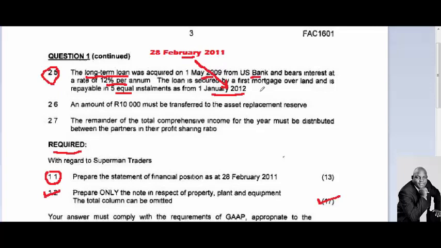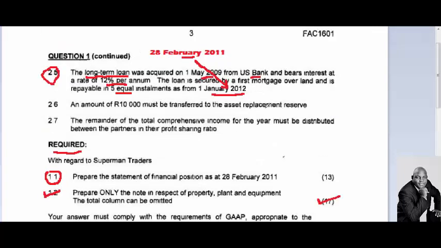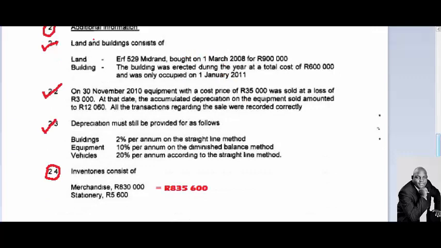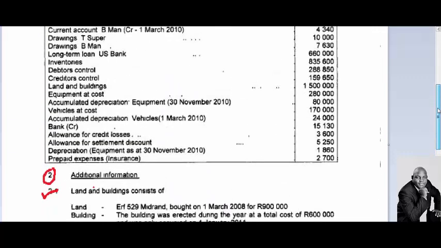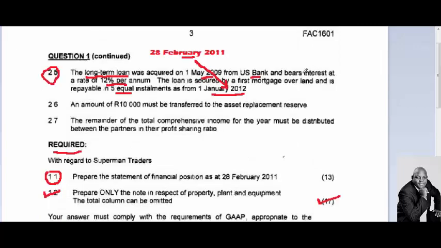So the partnership took, let's see, from US Bank, you see, it's a long-term loan. So the partnership took 660,000 as a long-term loan.